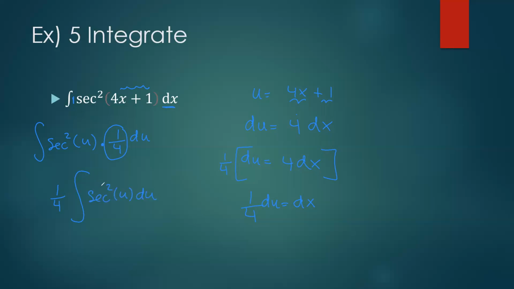And then what is the integral of secant square u? That's one of your special ones, and that is tan of u. And then still multiply this by 1/4, and then plus c. Okay, so your final answer is going to be 1/4 tan parentheses, we said our u was 4x plus 1, plus c. And that's it. That's your final answer.